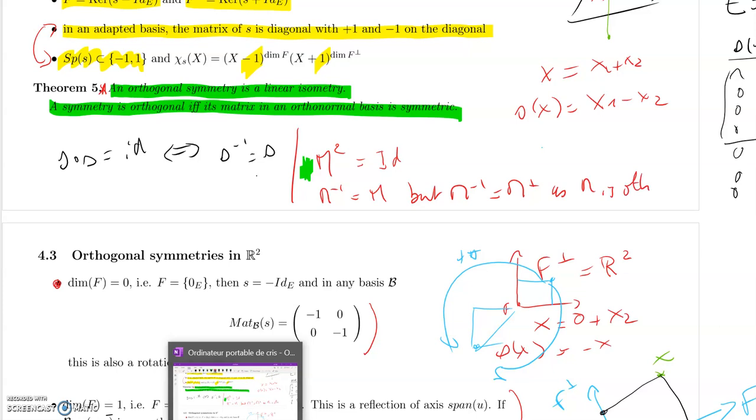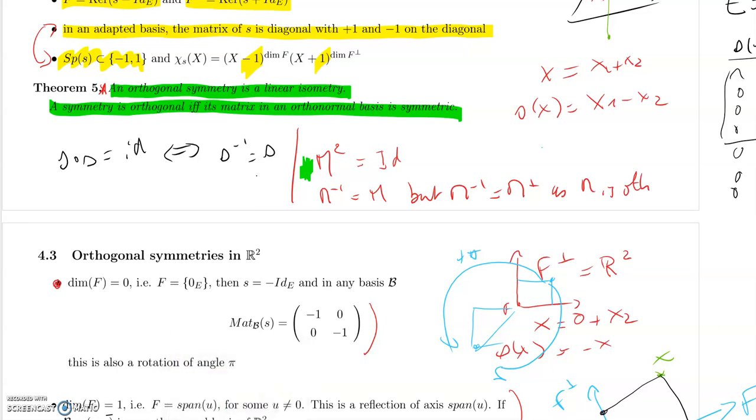At the same time, M is equal to its inverse because it's a symmetry, and its inverse is equal to its transpose. So from that we get that M is equal to its transpose, and so the matrix is symmetric.